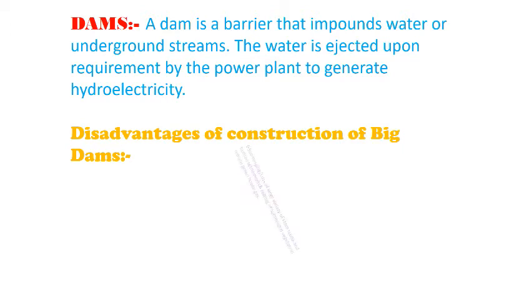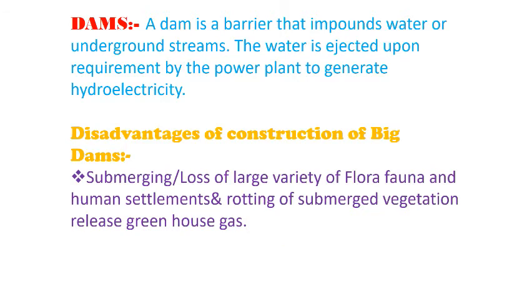Number one, submergence or loss of a large variety of flora, fauna, and human settlements, and rotting of submerged vegetation releases greenhouse gas. So these are the main disadvantages of construction of big dams.